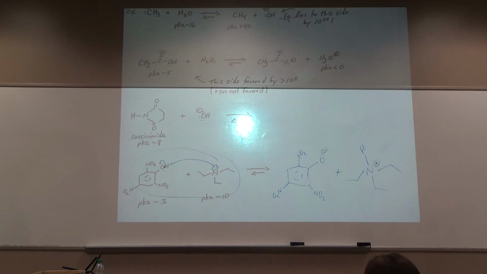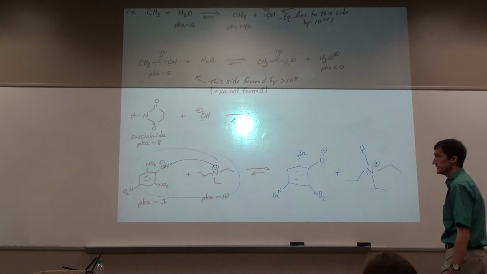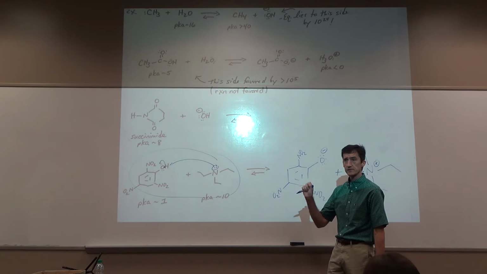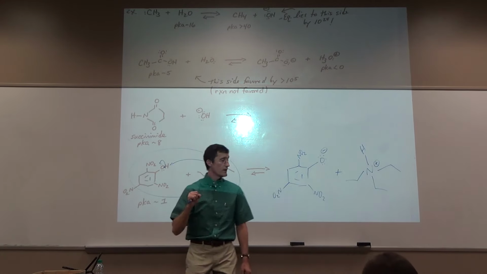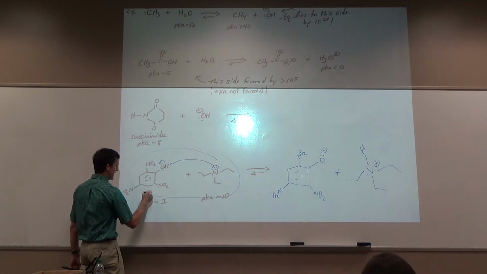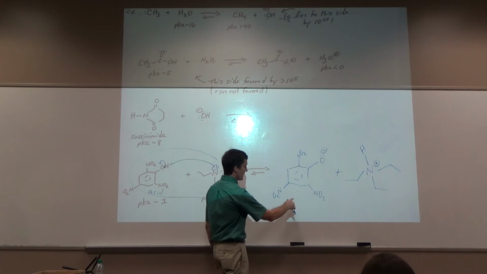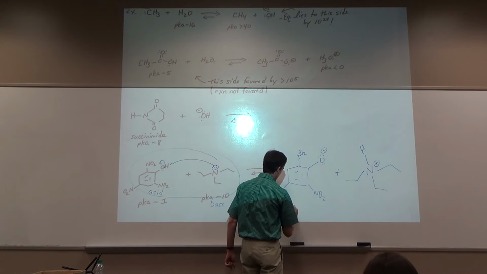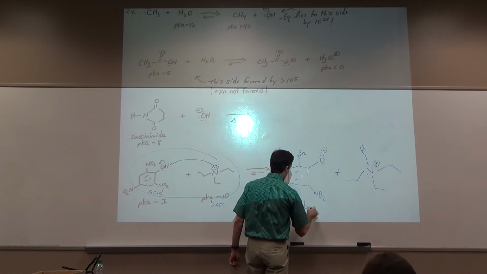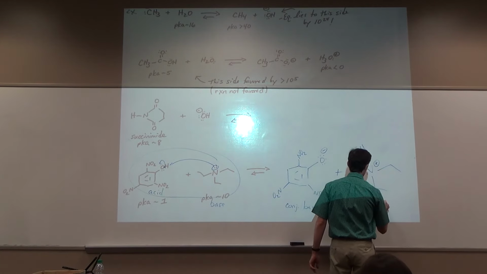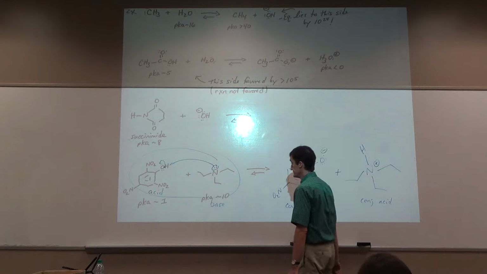I'm sure, and you know from Gen Chem, that in your conjugate acid-base pair, one's neutral, one's charged. Yeah? Learn that in Gen Chem? Okay. For example, this is your acid. Yeah, this is your base. What do you want to call this? That's the conjugate base of your acid, right? And this is your conjugate acid of your base, right?